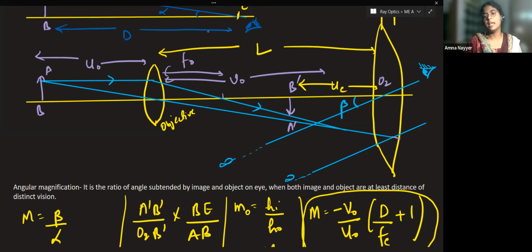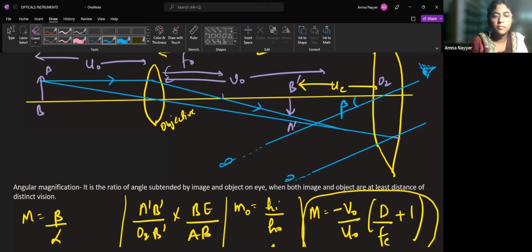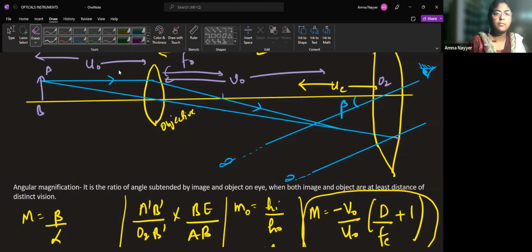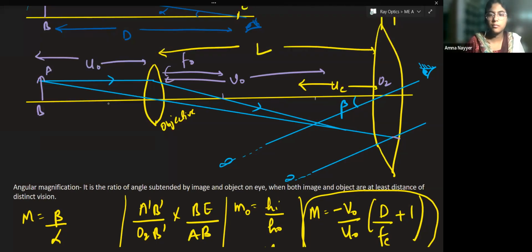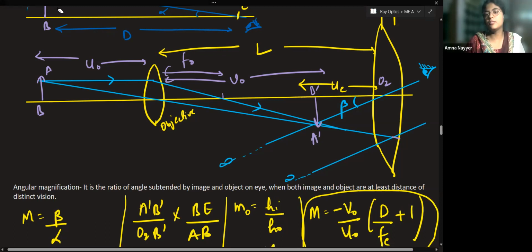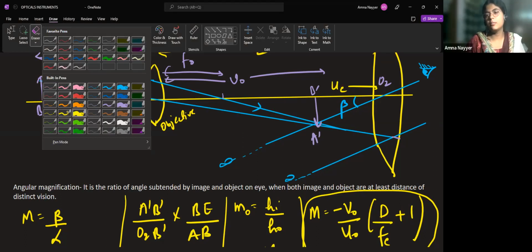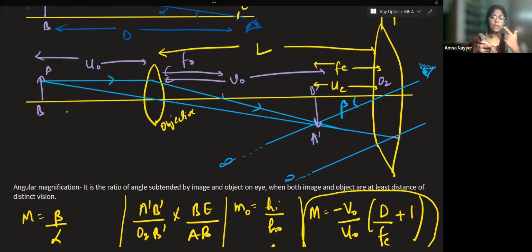And this becomes beta. Now see, if the final image is formed at infinity, then again UE will be replaced by FE, same thing.